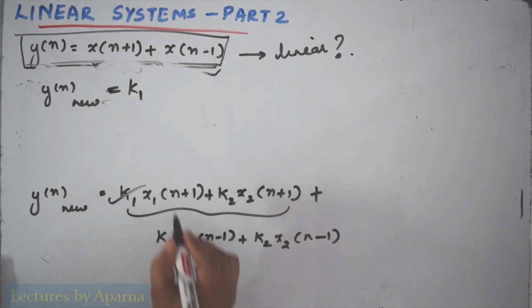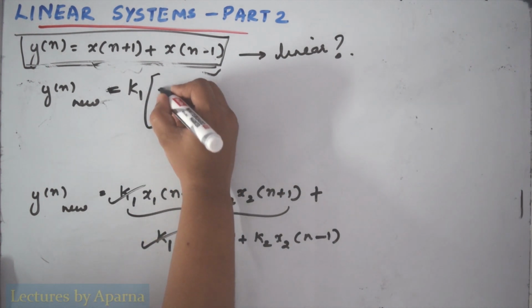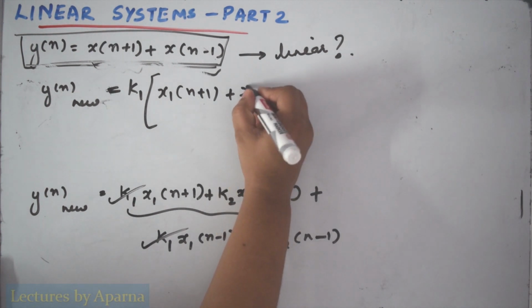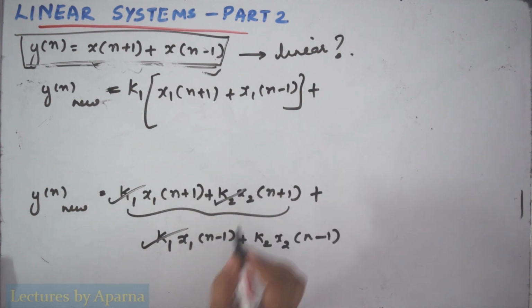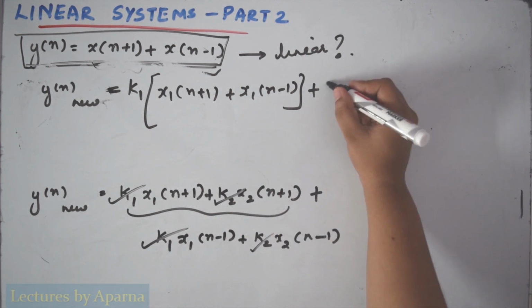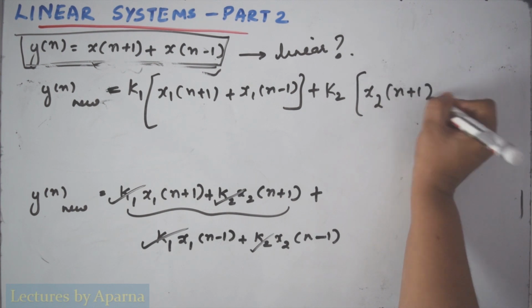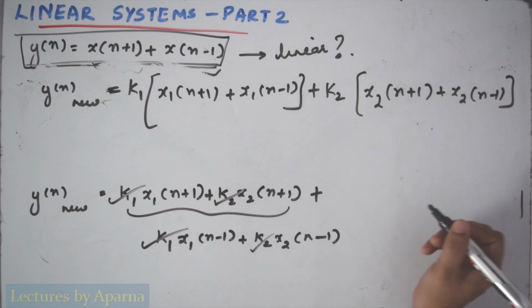I am taking k1 common from both these terms, therefore it will be k1 into x1 of n plus 1 plus x1 of n minus 1 plus, I am taking k2 common from these two terms, therefore k2 into x2 of n plus 1 plus x2 of n minus 1.